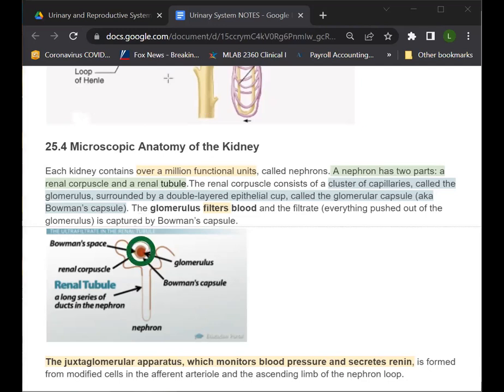Everything in this green circle is the renal corpuscle. So that includes the glomerulus, the capillary right there, and then also the Bowman's capsule that's wrapped around the glomerulus. The Bowman's capsule is supposed to catch and collect everything that comes out of the glomerulus.